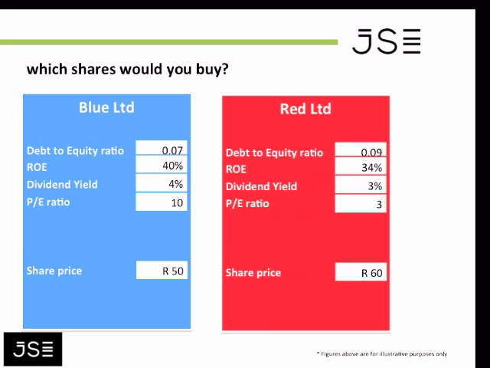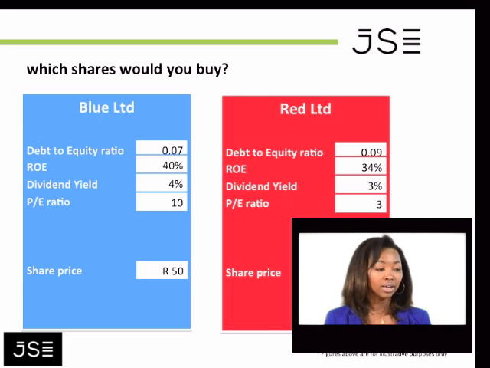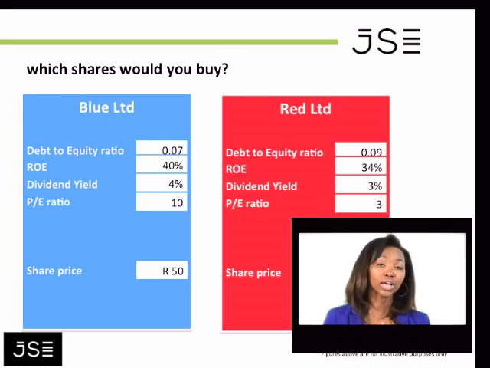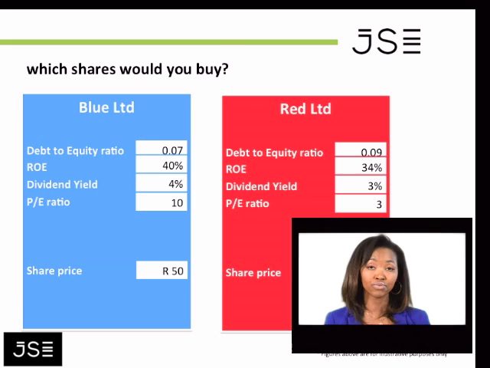So looking at this particular example, where debt levels are comparable and the other ratios are looking good, the PE ratio can be a good way to help you decide which share to buy. I would go for the Red Limited share, even though it's 10 Rand more at 60 Rand, because it's got a lower PE ratio.